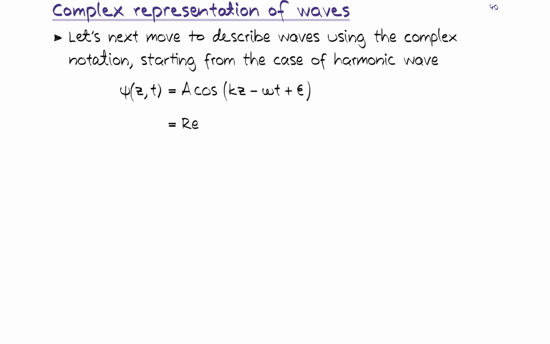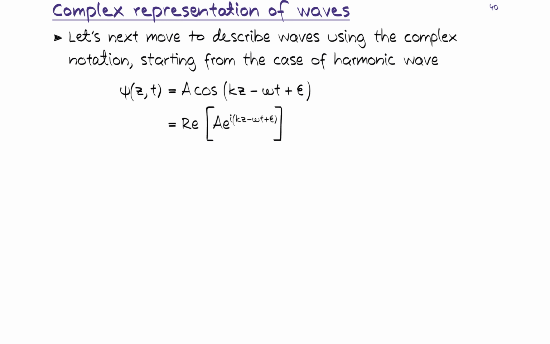The difference here is that this is a completely real valued number. As long as A, the amplitude, is real valued, the outputs of a cosine will be real valued. So when we go into the exponential notation and complex numbers, if we want to have equality, we must take the real part of the exponential of this complex number.